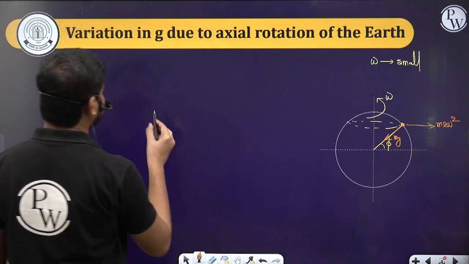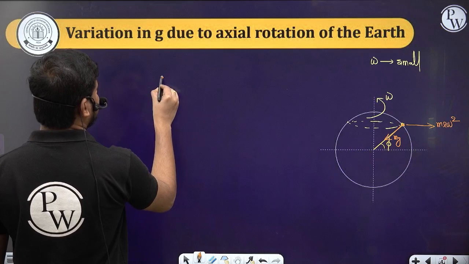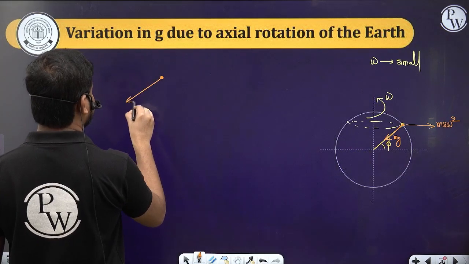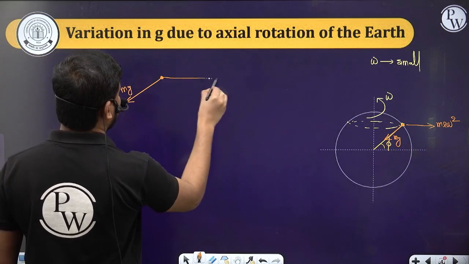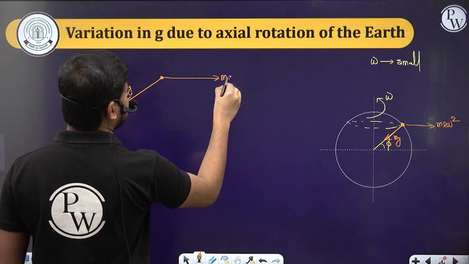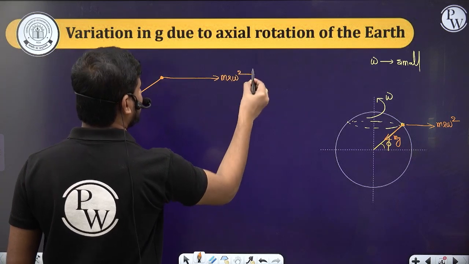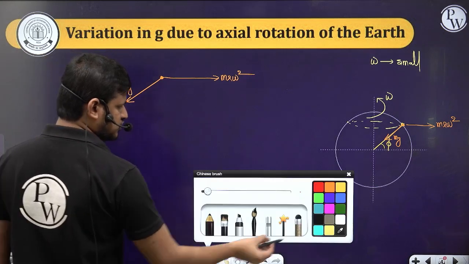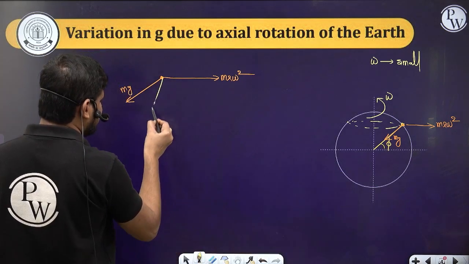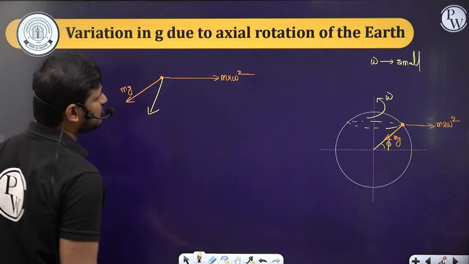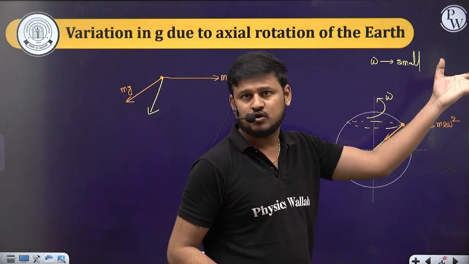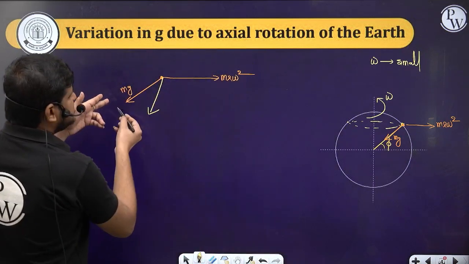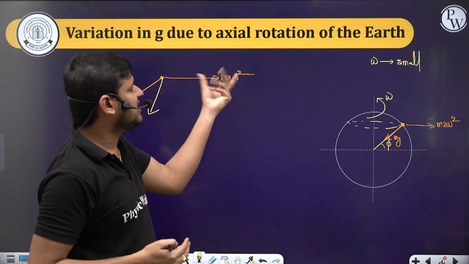Now if you observe the net force, mg is acting this side, and m r omega square is acting this side. So the net force will be this side. As omega is very small, the mg value will be more and this value will be less.